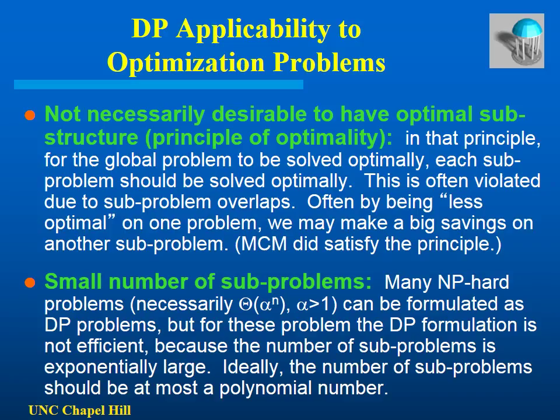As I said in the beginning of the first video, the use of dynamic programming is when you have an optimization problem, a problem that involves optimizing some global property.